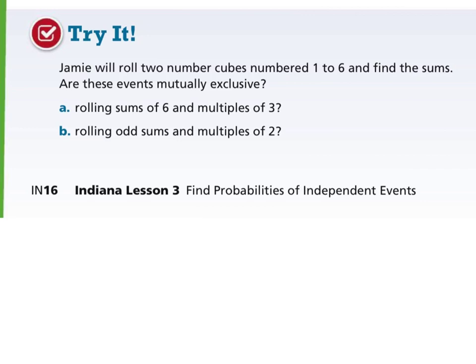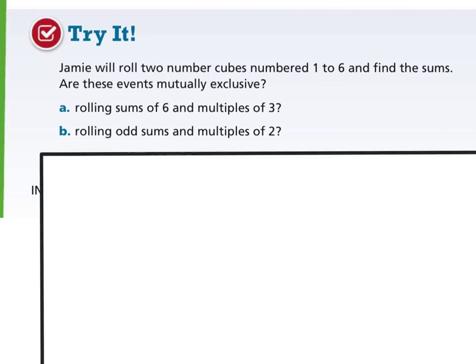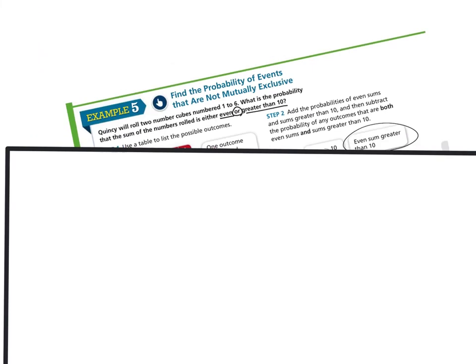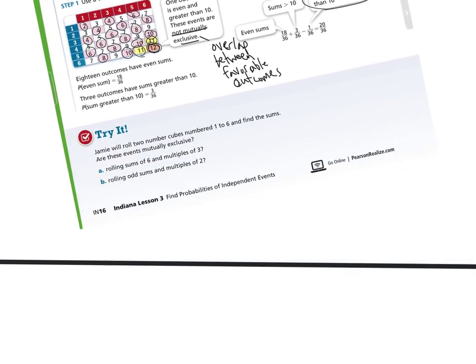So just to make sure we understand what they're meaning by that, sums of 6 would be numbers that add up to 6. So we could have, going back to our tables that we had earlier.